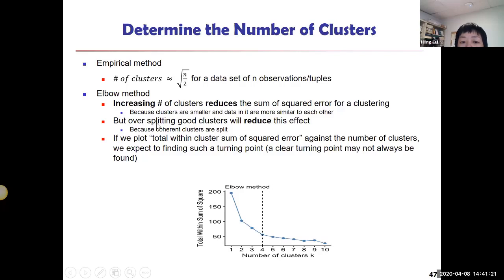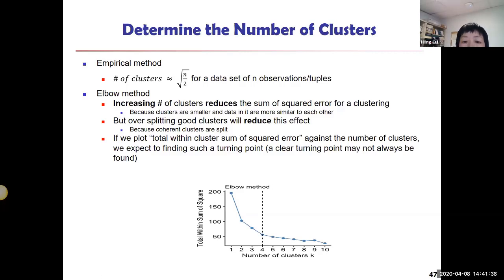However, when we oversplit good clusters, this effect will reduce, because when a good cluster is divided, we have one additional error number to add to the total.